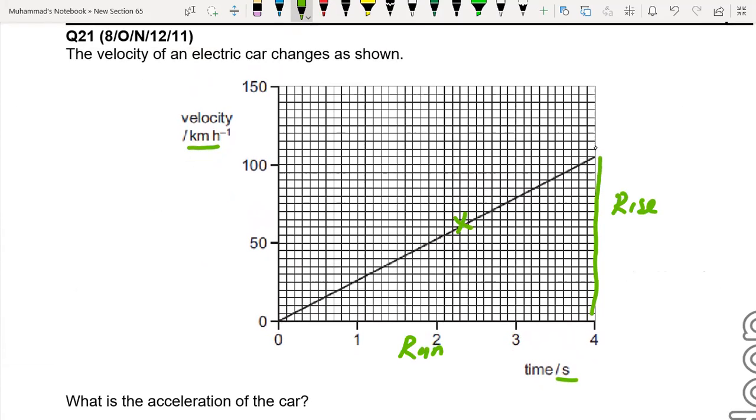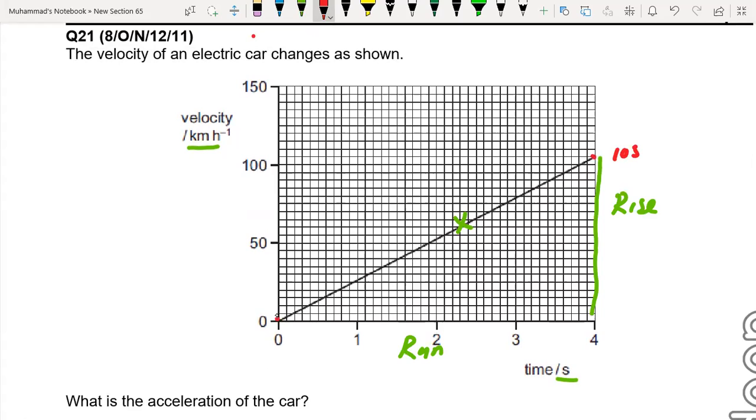But be careful about converting this kilometer per hour into meter per second. Most of the students just take 100. You can say 10. That is 110. Okay. No, 105. One small square on the vertical axis is equal to 5. These are 10 and they are representing 50.